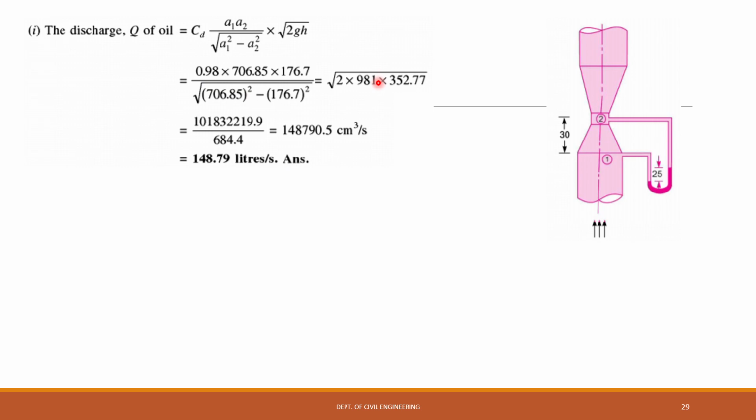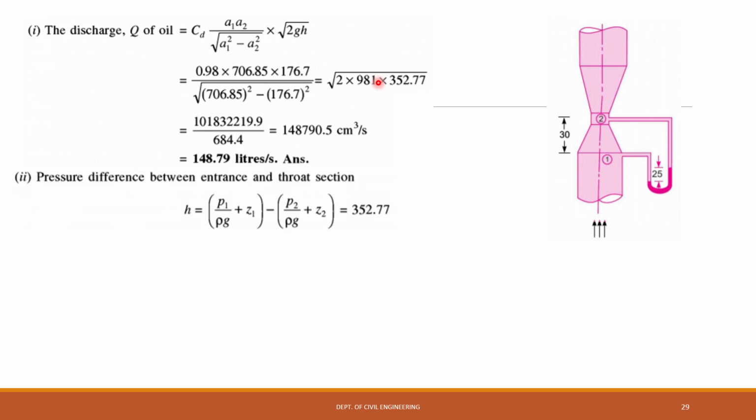Now in the second part we need to find out the pressure difference P1 minus P2. For that we'll be using this equation. We already obtained the H value as 352.77. So just open the brackets and you'll be getting P1 by rho g minus P2 by rho g plus Z1 minus Z2 is equal to 352.77.